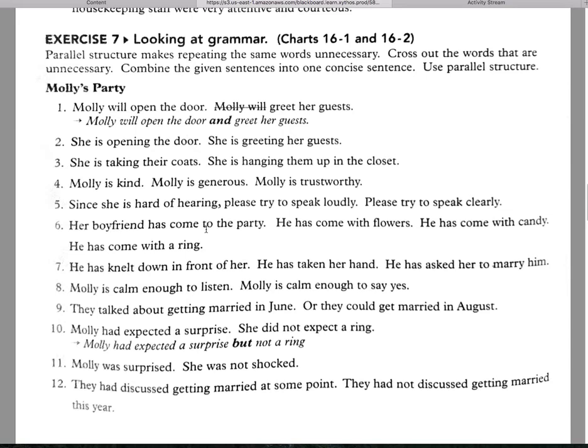Her boyfriend has come to the party with flowers, comma, candy, optional comma, and a ring, period. Again, her boyfriend has come to the party with flowers, comma, candy, optional comma, and a ring.